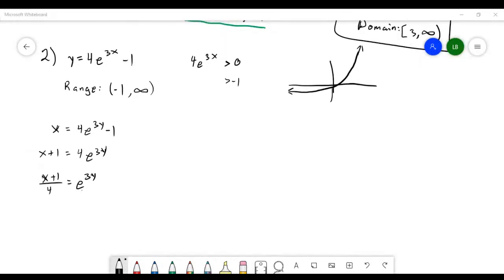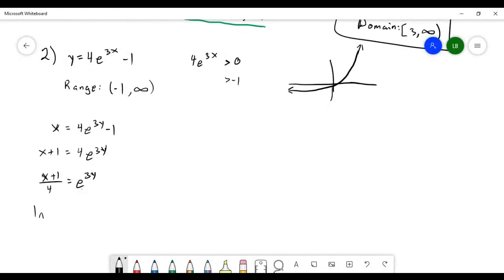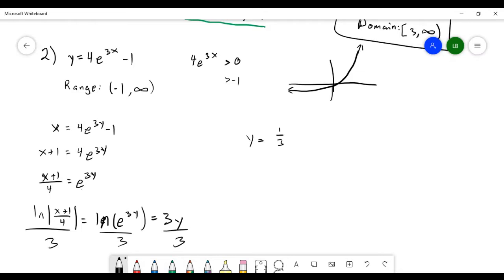Right, we take the natural log of each side. So we have the natural log of (x plus 1) over 4 equals the natural log of e^(3y), which is just 3y. And lastly, we just need to divide both sides by 3. We get y equals 1/3 natural log of (x plus 1) over 4 as our inverse.